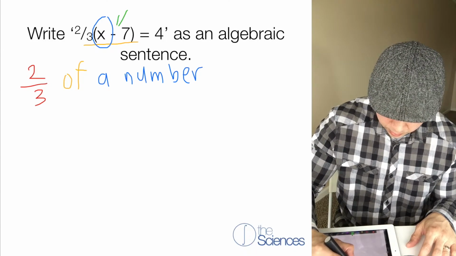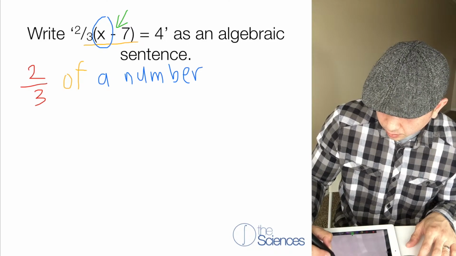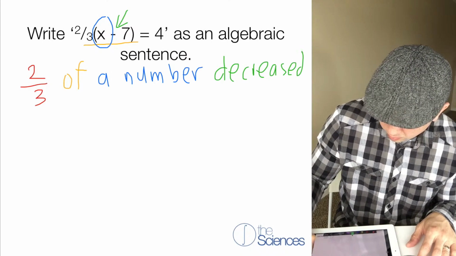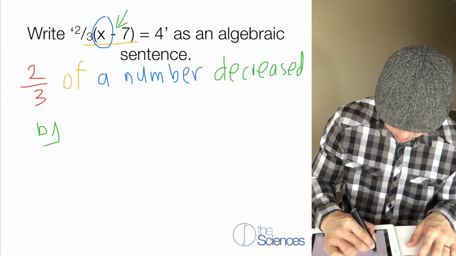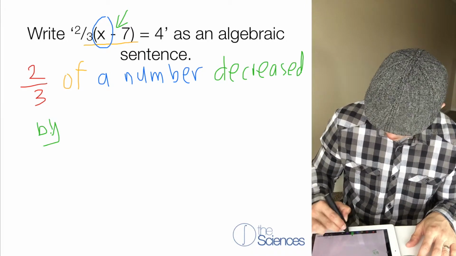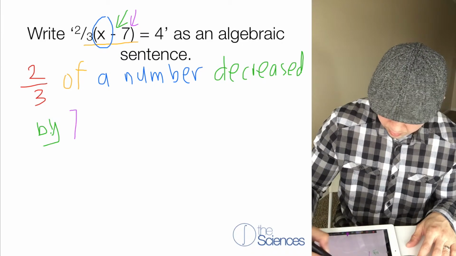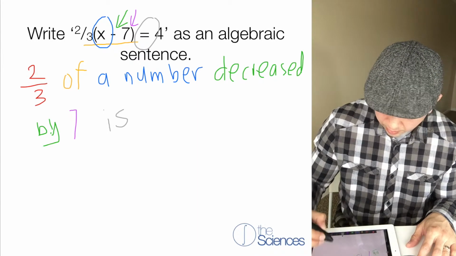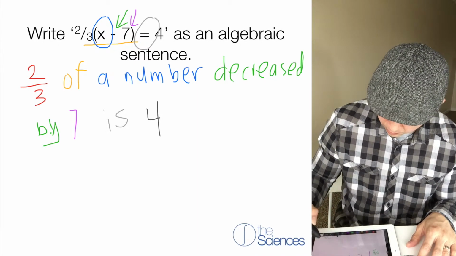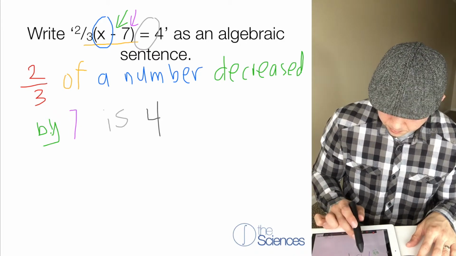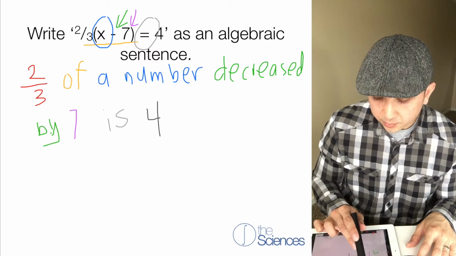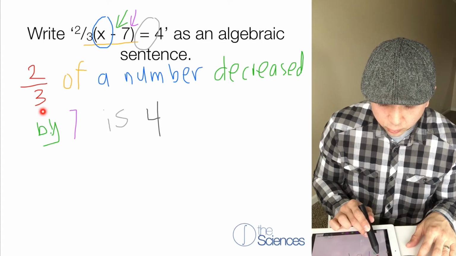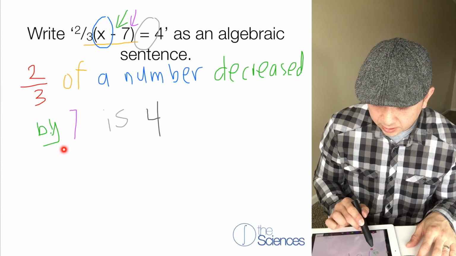Here we have subtraction, so that means of decreased by. Here we have 7, so 7 equals, the equal sign means is, we represent that as is, 4. So there we go. 2/3 times x minus 7 equals 4 is the algebraic expression. 2/3 of a number decreased by 7 is 4.